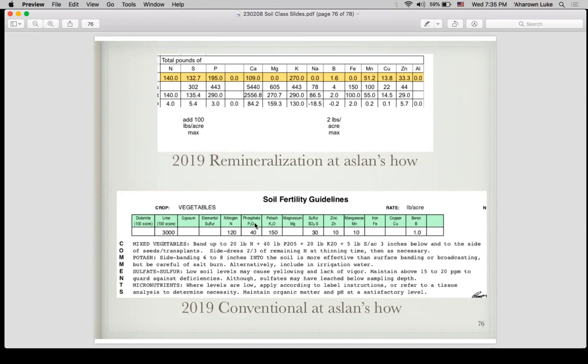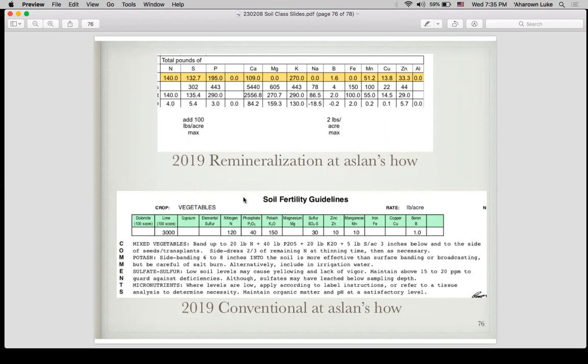And like on phosphate, this is 195, where this is only 40. So when you're looking at nutrient dense, you're spending more money and you're doing the formulas per Albrecht and Steve Solomon's research.